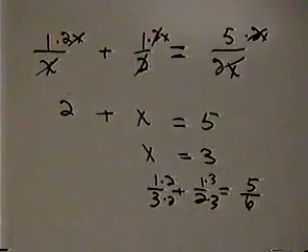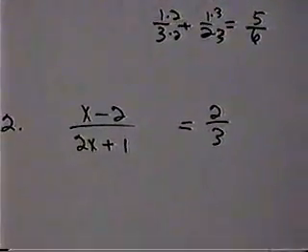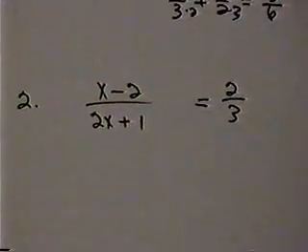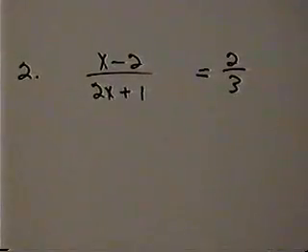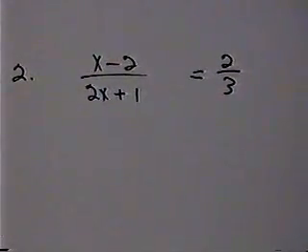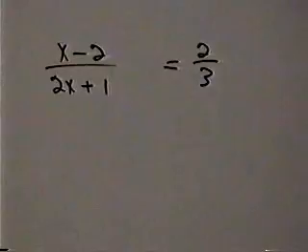Okay, let's look at number 2. If a number minus 2 is divided by the sum of twice the number and 1, the result is, oh wow. Read the problem again.